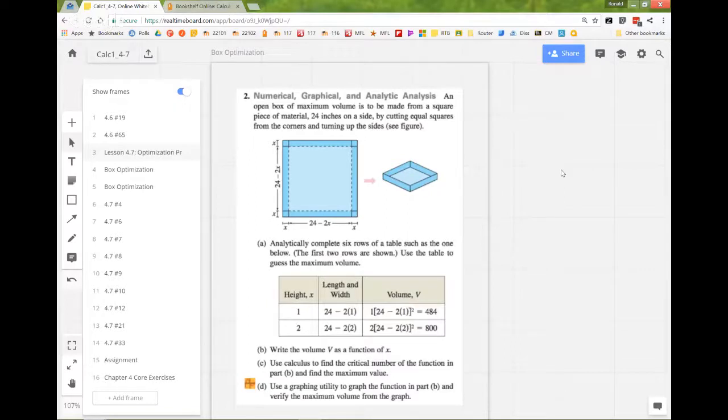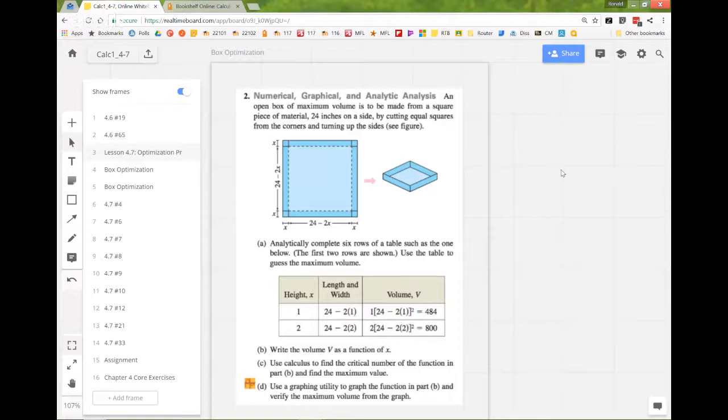An open box of maximum volume is to be made from a square piece of material, as you've seen shown on the left, from which you're going to make a box. So what you've got to do is cut out the 4 corners and then fold up the sides to give you a box, as you see in the drawing at the right.